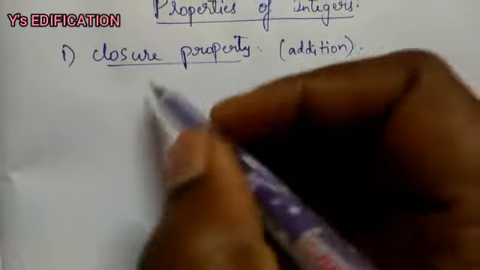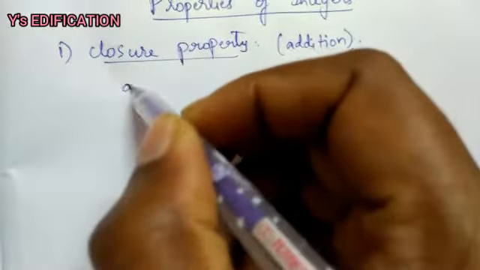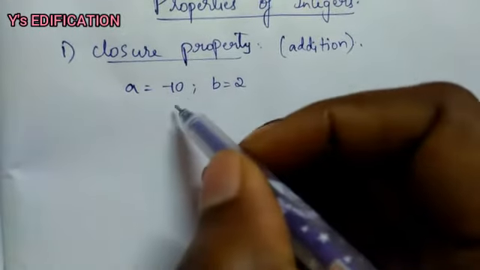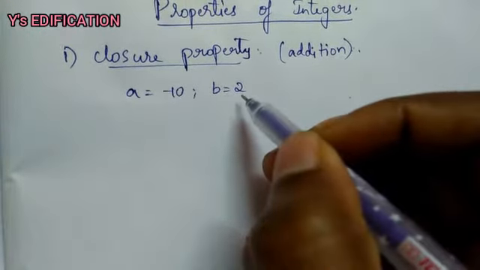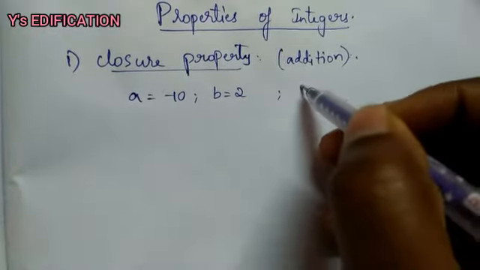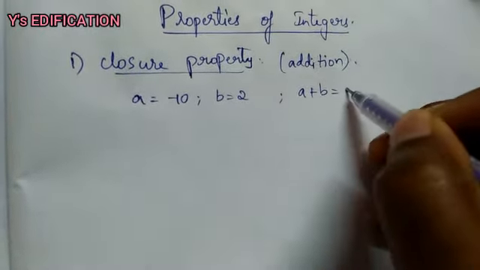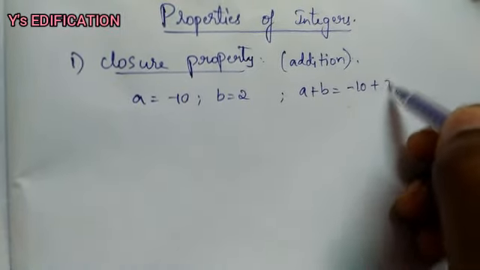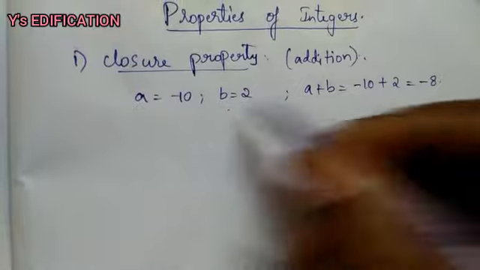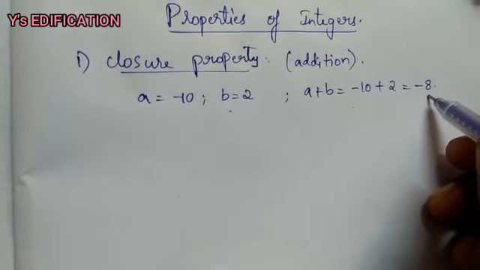For example, let me take a is equal to -10 and b is equal to 2. Here -10 is a negative integer and 2 is a positive integer. When I add these two numbers, the result will also be an integer. -10 plus 2 is -8. These two are integers. The result is also an integer.